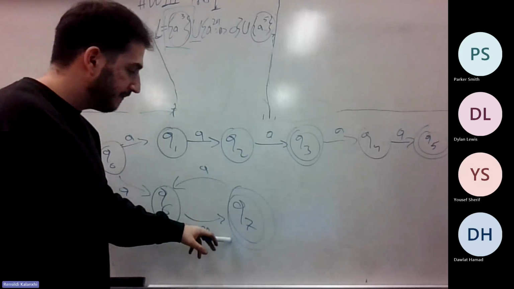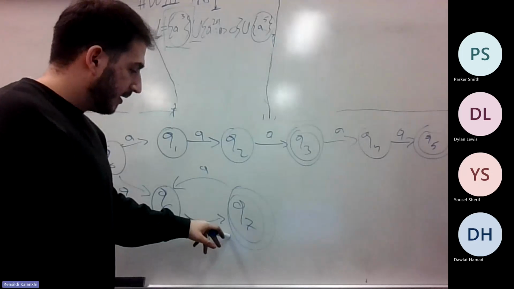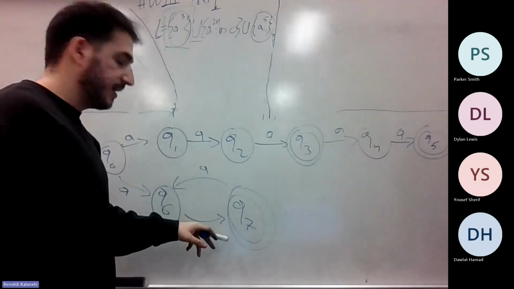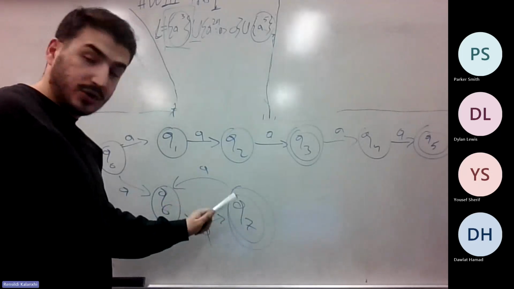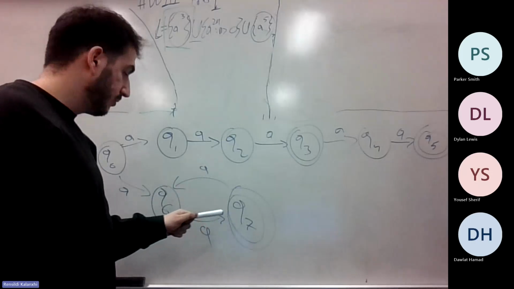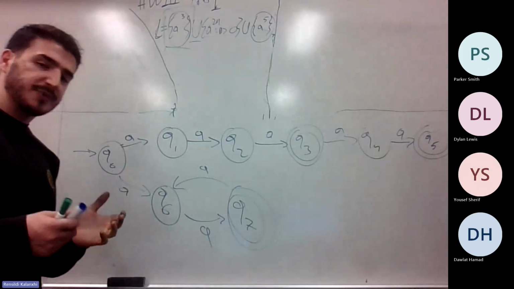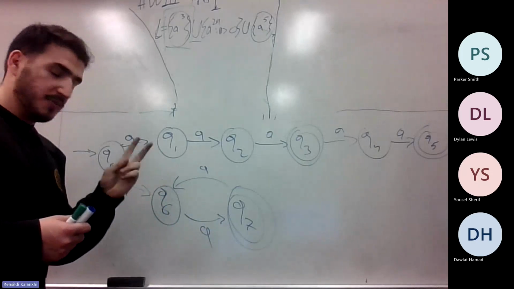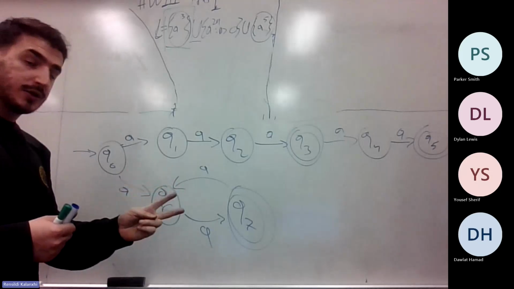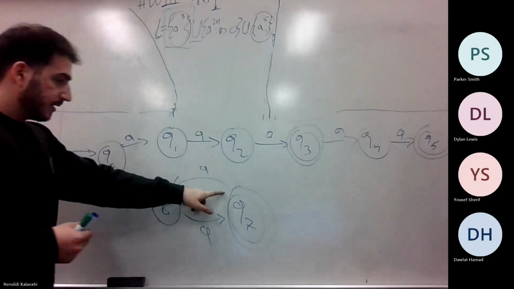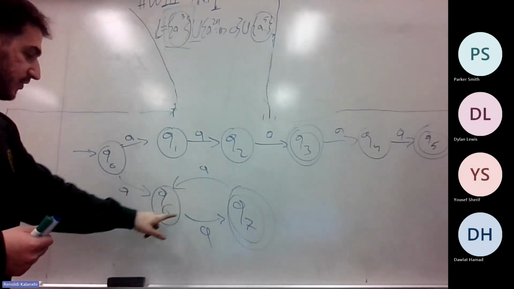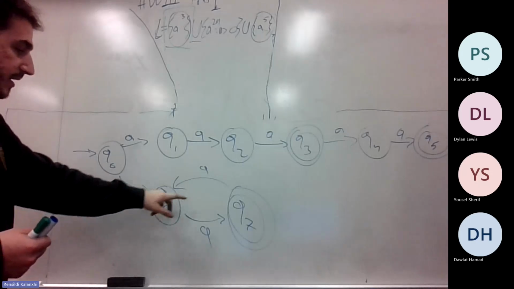And then at Q7, pointing A again, Q7 is a final state, which you can choose. You will have this option that you can choose the minimum, you can choose 2 A's, or you see how A's goes to Q6 and Q6 is not the final state?